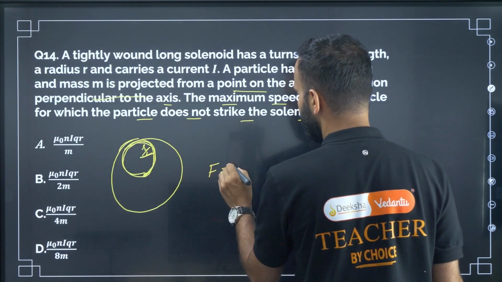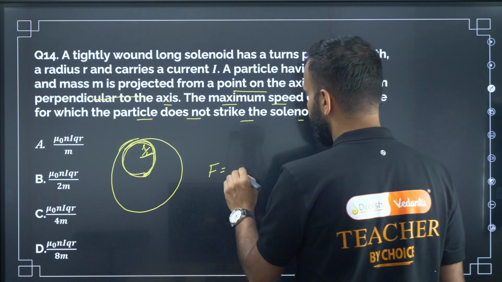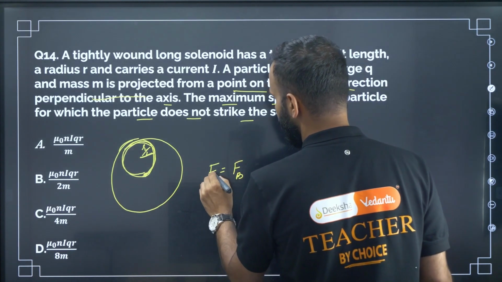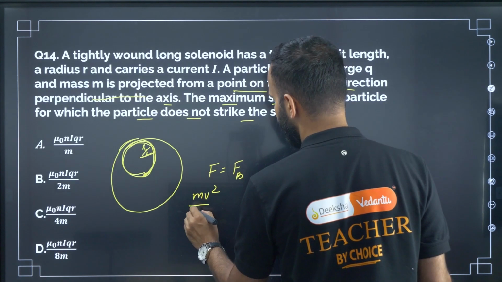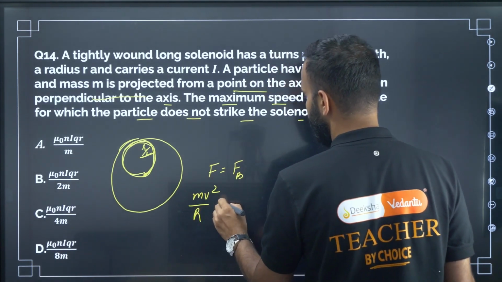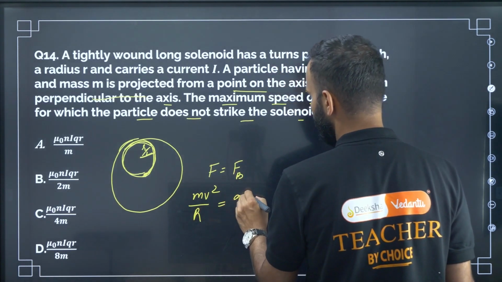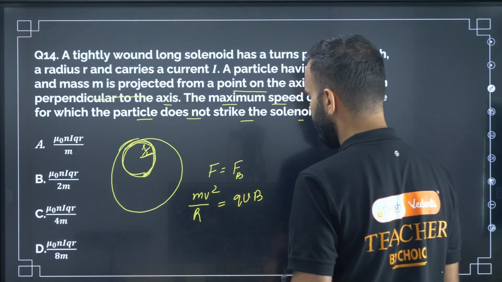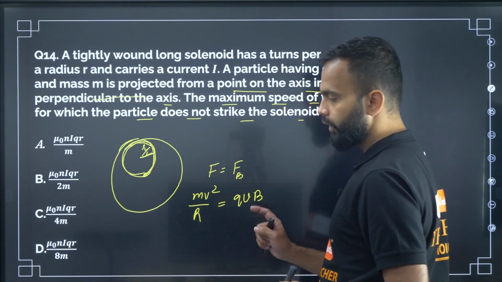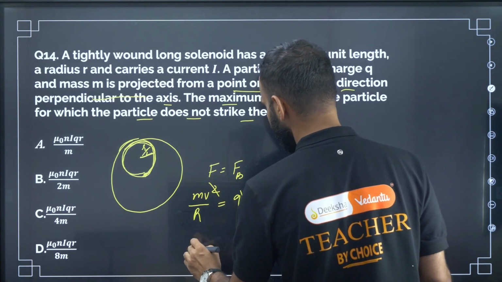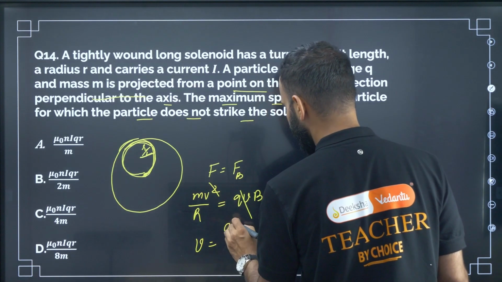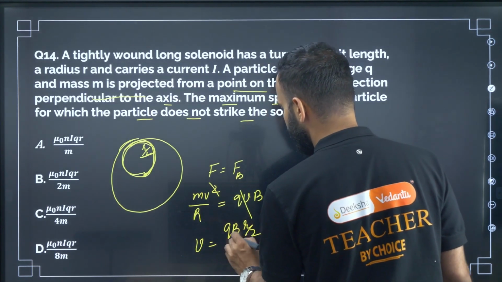The centripetal force is provided by the magnetic force. The centripetal force is m v square divided by r, which is equal to FB. FB is q into v into B, where B is the magnetic field due to the solenoid. Now v will get cancelled. So v equals q into B into r by 2 divided by m.